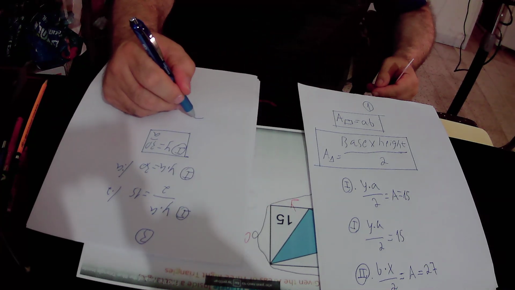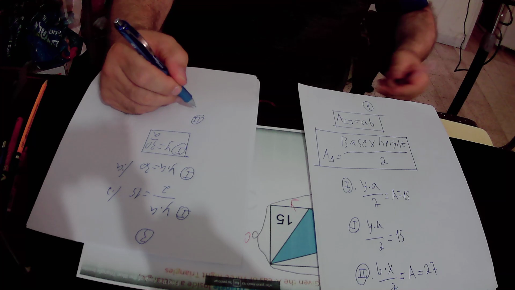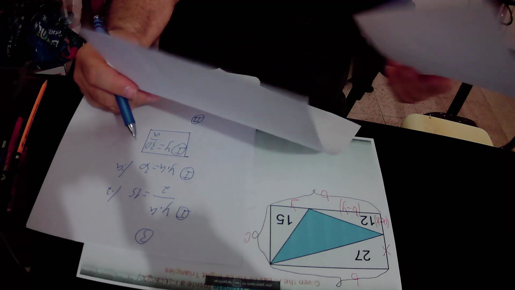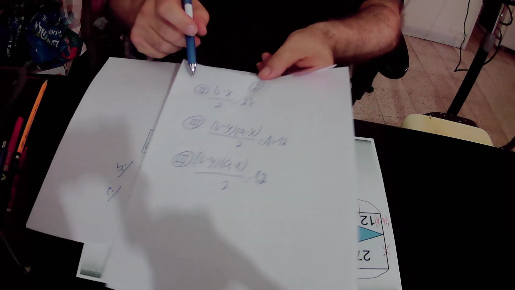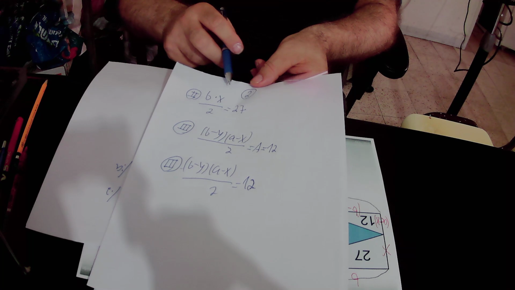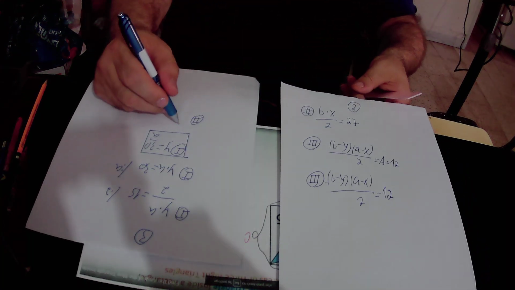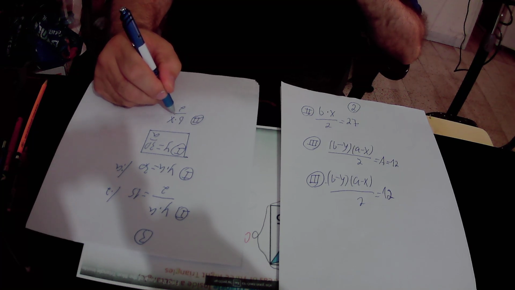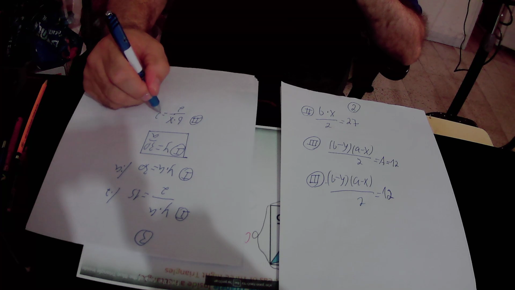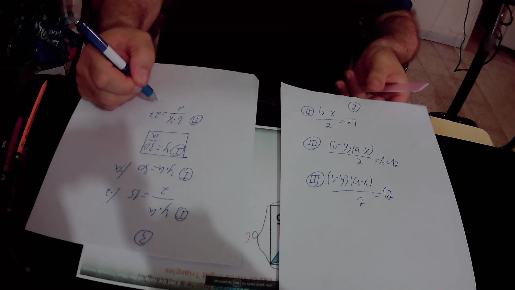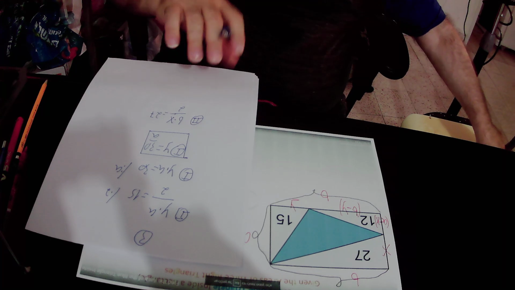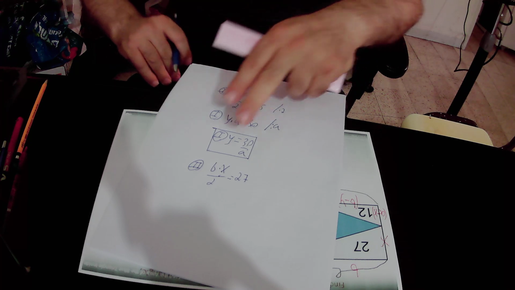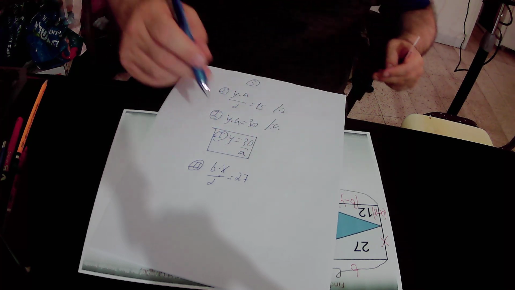So the second equation for x is actually here b times x divided by 2 equals 27.